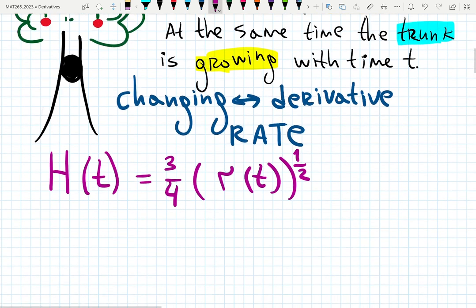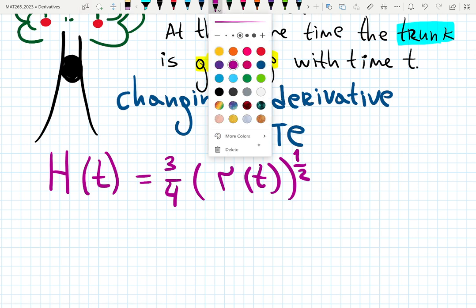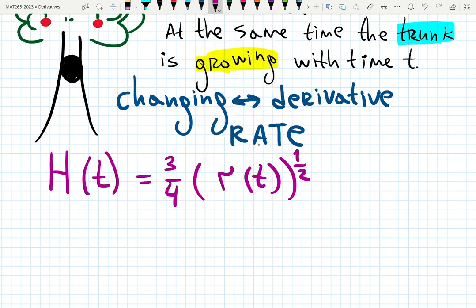It's not for all trees, but I think it was for apple trees or something like that. Some classical trees, where R is the radius of the trunk.